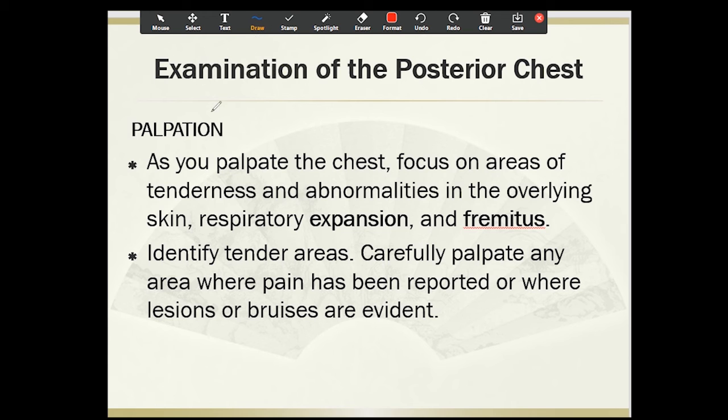Then we talk about palpation. We palpate the chest area. Palpation means using your hand to feel the patient's body, the practitioner's hand or doctor's hand.